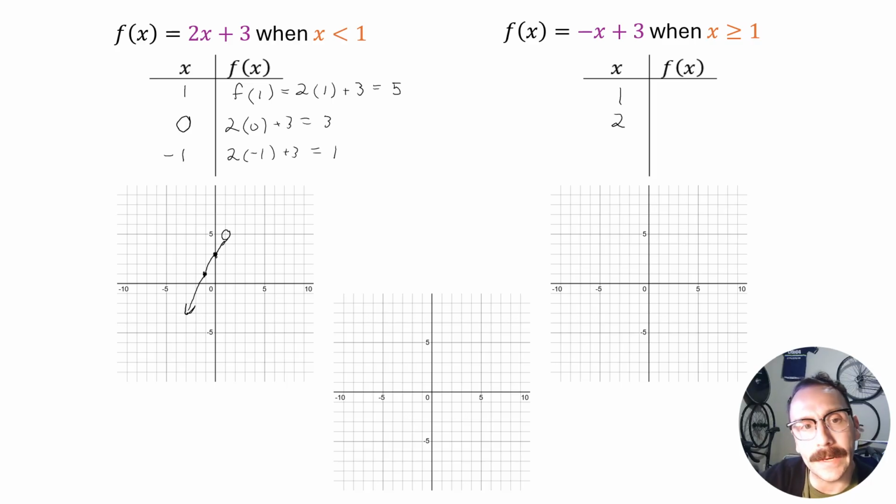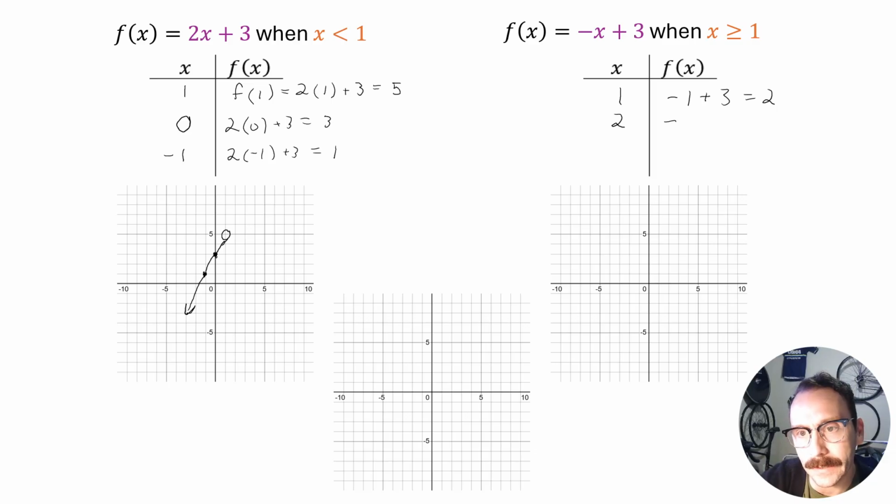So let's go ahead and evaluate 1 in this equation. f of 1 here is -1 plus 3. I just plugged in 1 wherever there was an x, and then I simplify. -1 plus 3 is equal to 2. Okay, so now let's try when x is equal to 2.